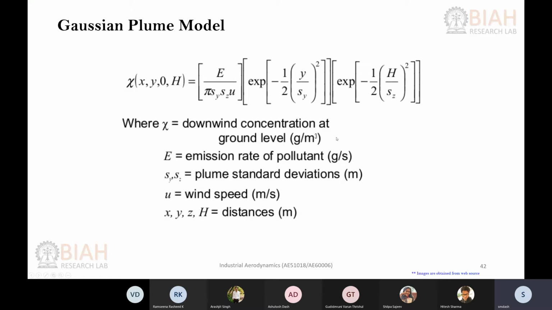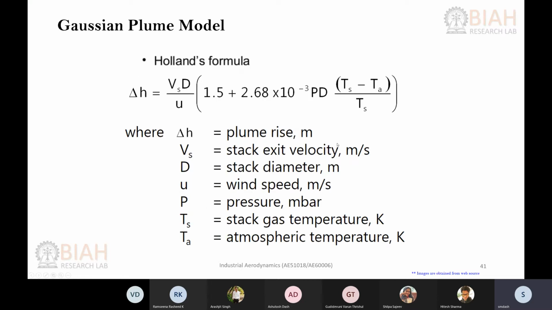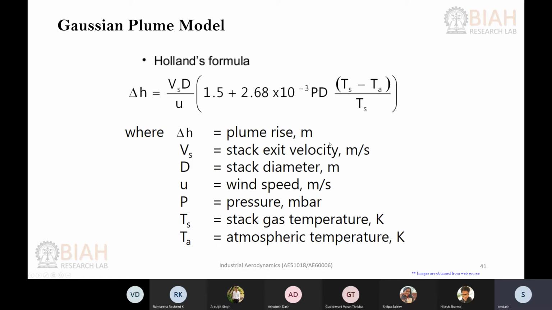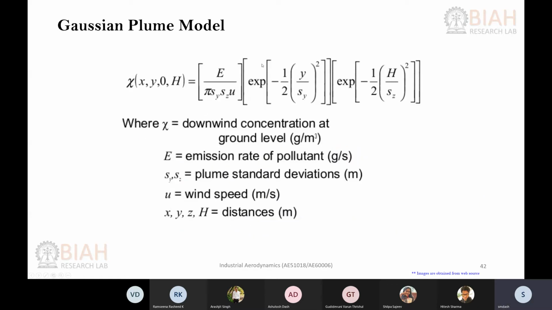Okay, because like we have seen here, basically the plume shape becomes Gaussian type along the y and z direction. So you will have two different standard deviation, one for the y direction and one for the z direction, but for the x direction you basically don't need any standard deviation, right? So this is Sy and Sz, and u is your mean wind speed, and these are the distances.